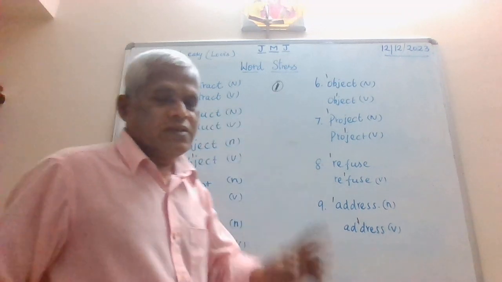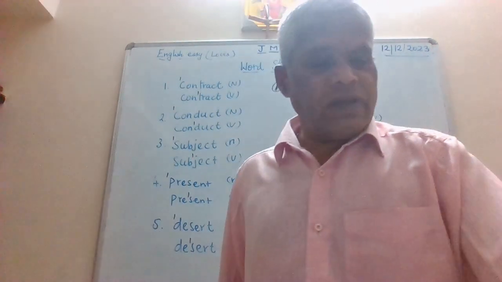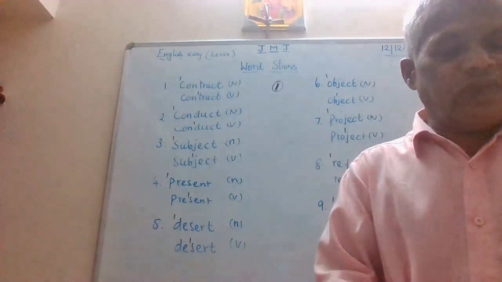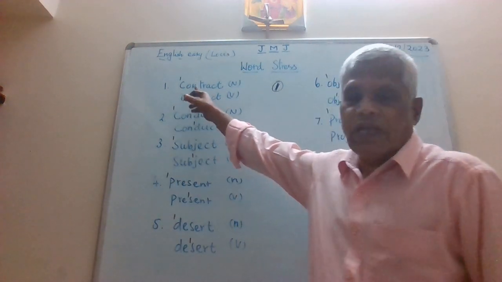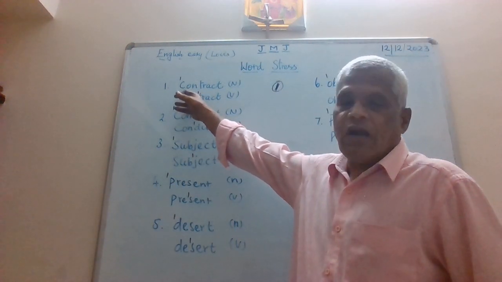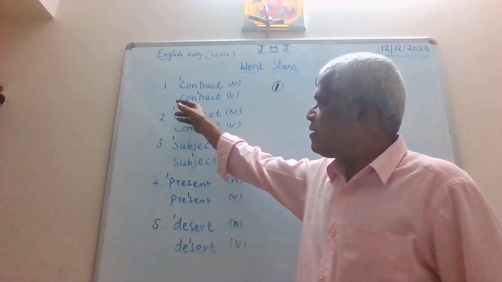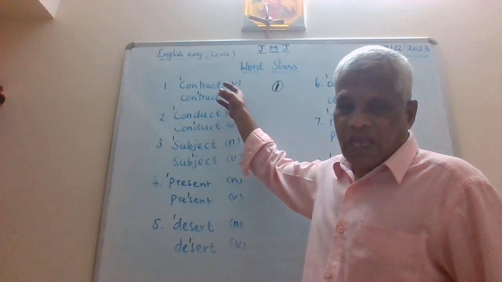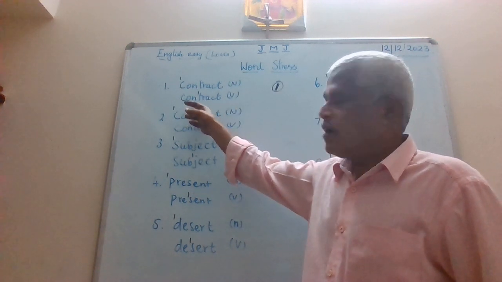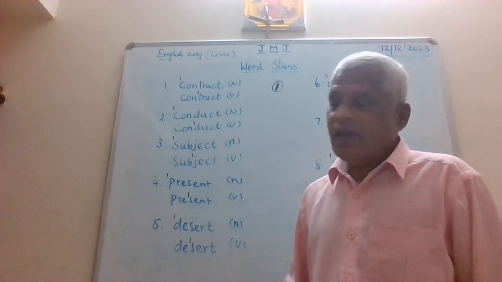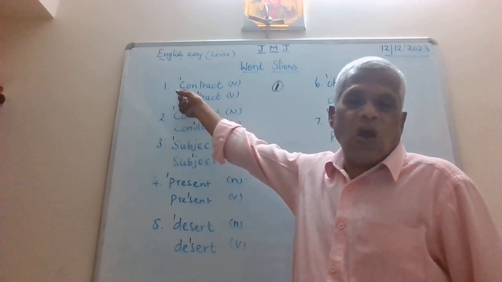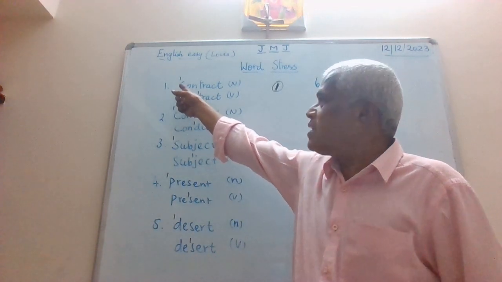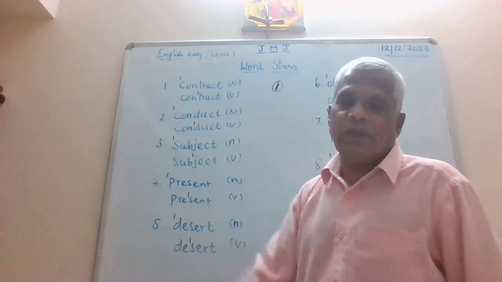Right, listen now. Look at the first word. See? The first word here, it says contract. And it is written as noun, N. And this is contract. Now when you read this word contract, the stress is in the first syllable.